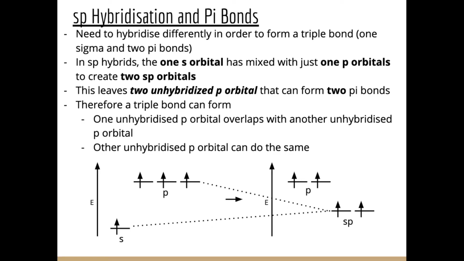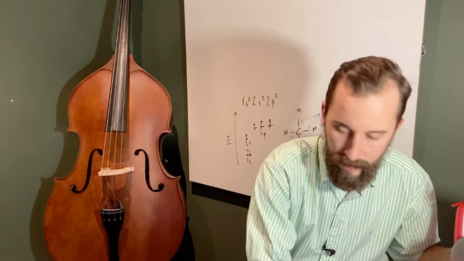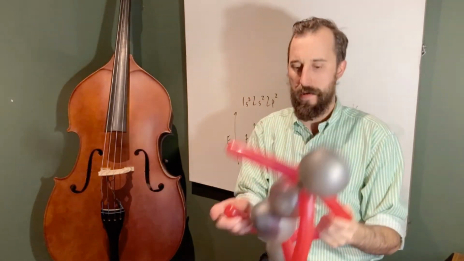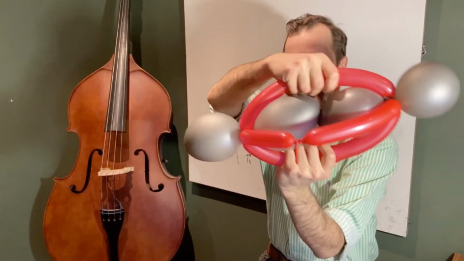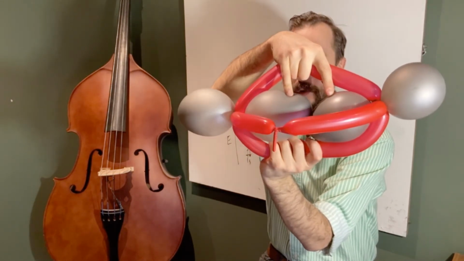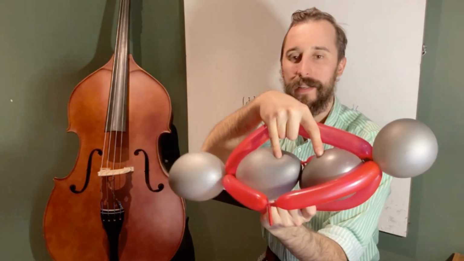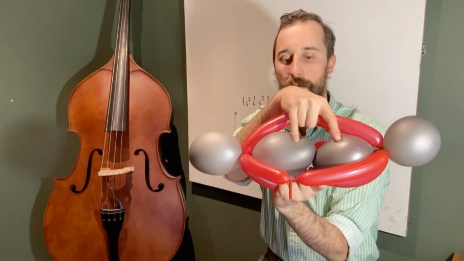I don't know if we're going to have enough hands here. Let me grab the other model. So we've got unhybridized p orbitals that can overlap like so. In the center, between our two gray balloons, our two sp orbitals overlap to form a sigma bond, called so because it is in line with the nuclei.